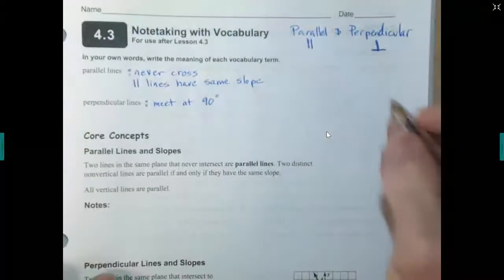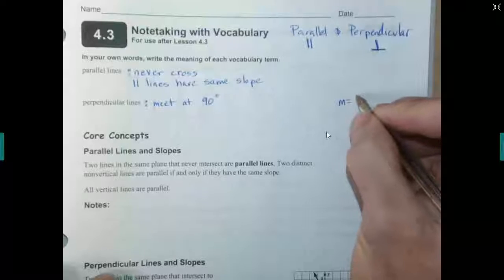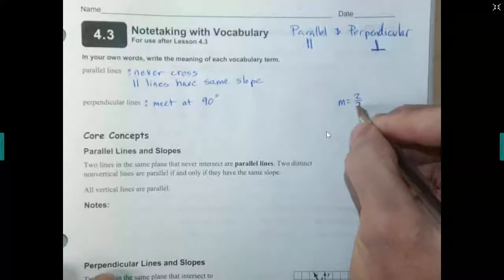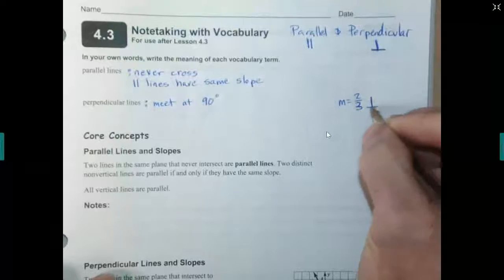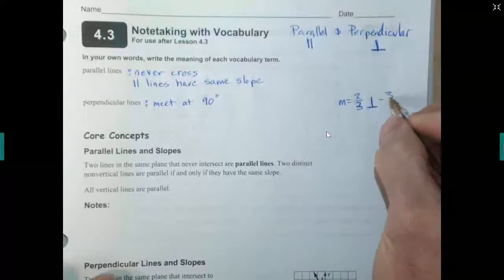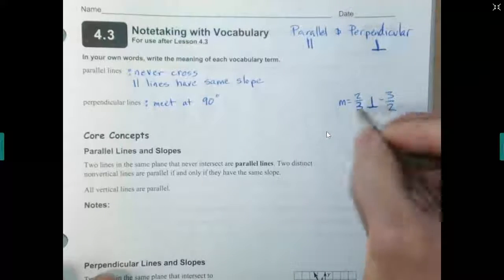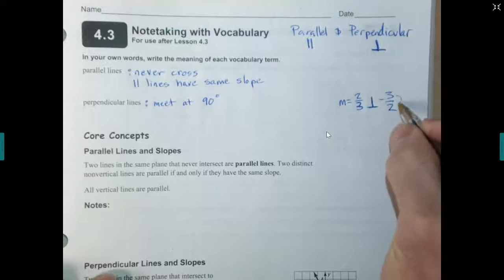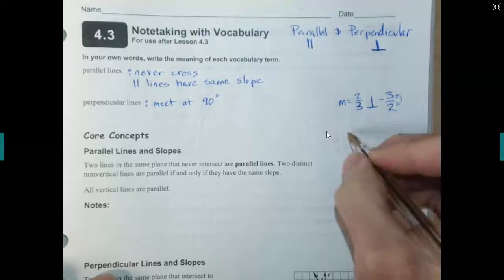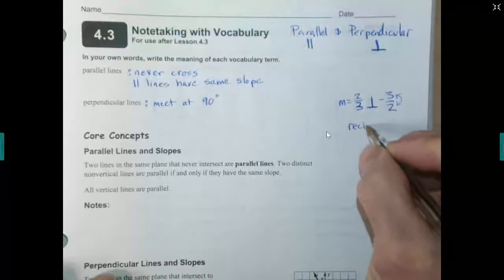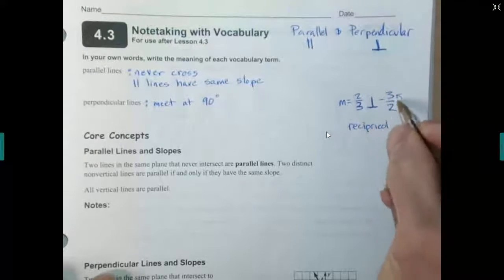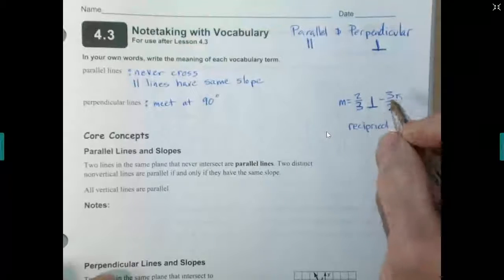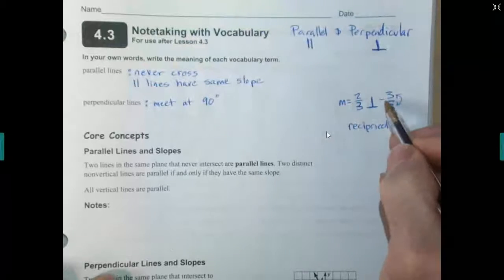So let's look at that. If we have a slope of 2/3, and that's perpendicular to a slope of -3/2, what do we notice? Oh, look. It's the reciprocal, meaning it's flipped upside down. And also, this one's positive and this one's negative.